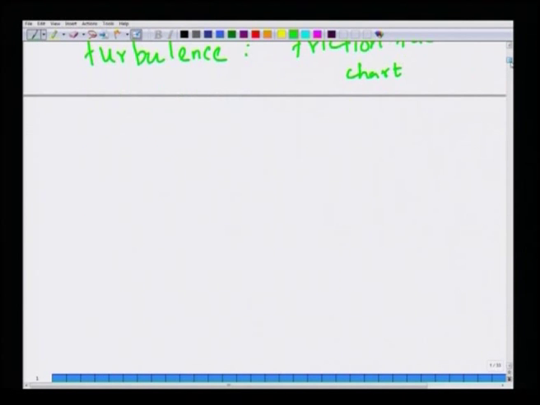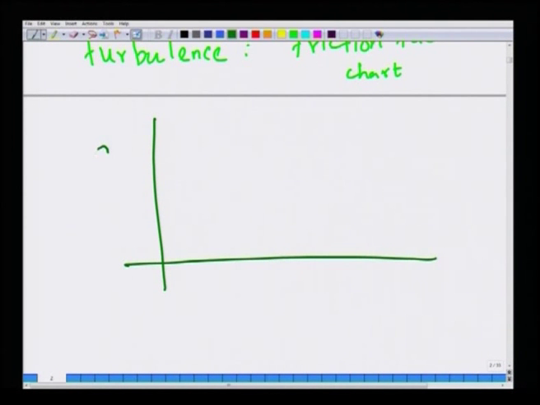Okay. So, the friction factor chart is merely an experimental observation condensed in the form of a non-dimensional relation. So, you are plotting f versus Re for different values of epsilon by D. So, this is in a sense in a logarithmic plot. So, it is log f versus log Re in a double logarithmic plot.